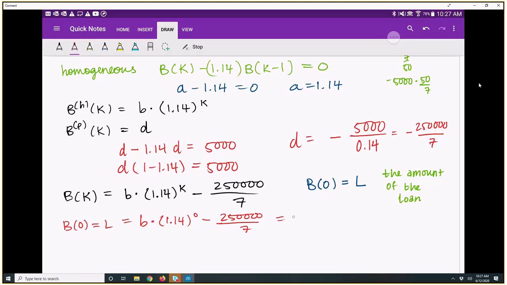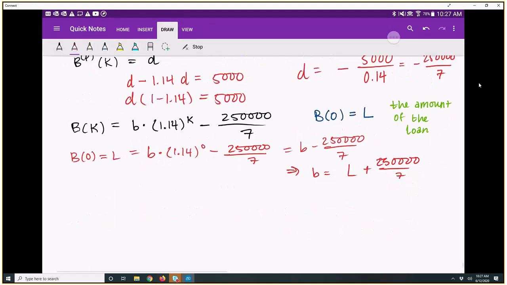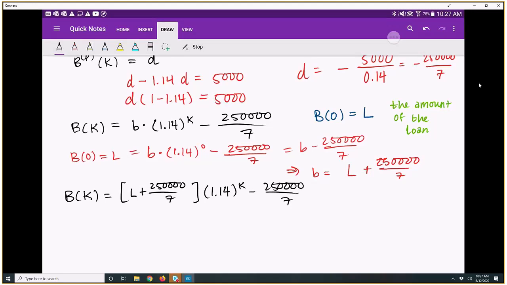So this is b minus 250,000 over 7. So that gives us that little b is L plus 250,000 over 7. So now b of k is, I'm going to replace little b by L plus 250,000 over 7, times 1.14 to the power k minus 250,000 over 7.